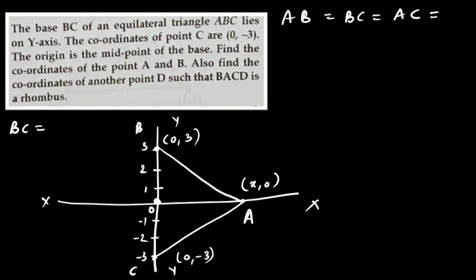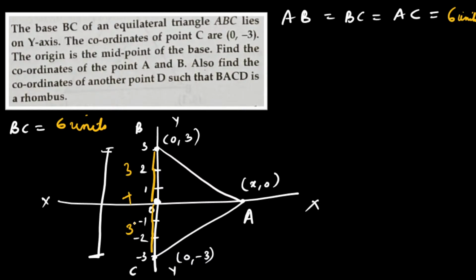Yes, Aditya has given the answer. Very good, it is 6 units. Why is it 6 units? Because it lies on the y-axis, if you count the units here, 0 to 1, 1 to 2, 2 to 3, it is 3 units, and the same down below, 3 units.